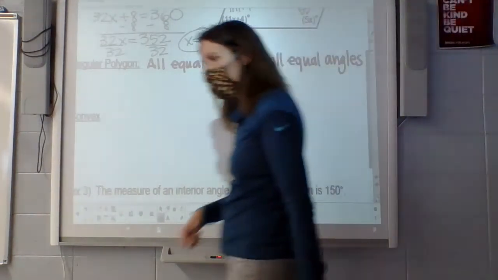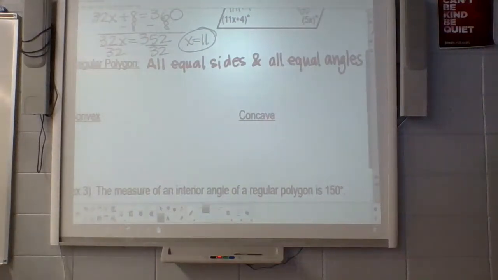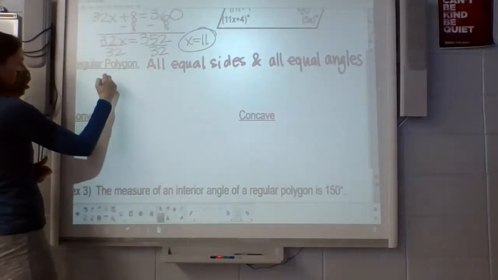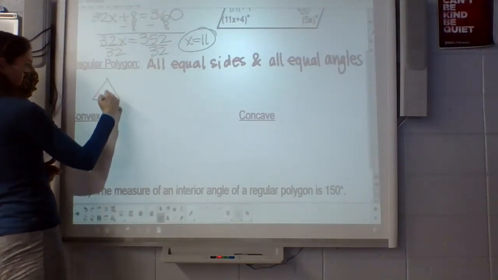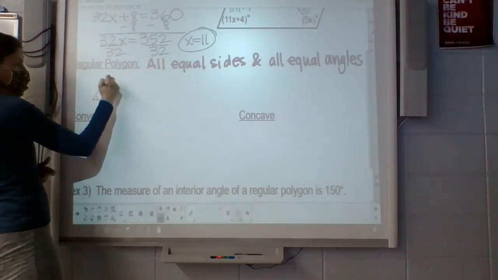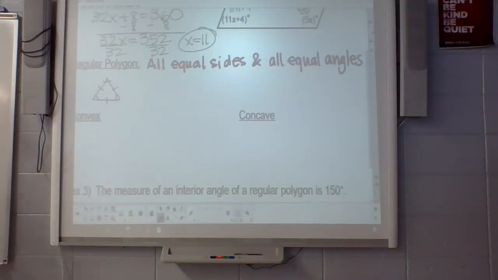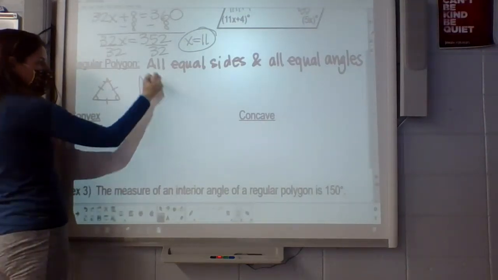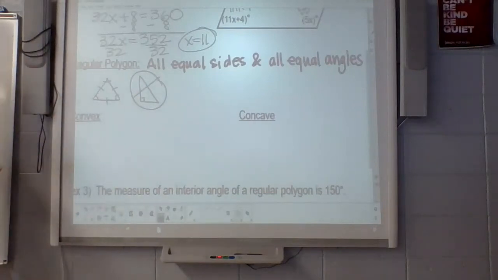When you first learn a shape, someone probably draws the most basic version, and so that's an equilateral: all equal sides, all equal angles. So this would be considered a regular polygon, an equilateral triangle, whereas a 30, 60, 90 would not be.